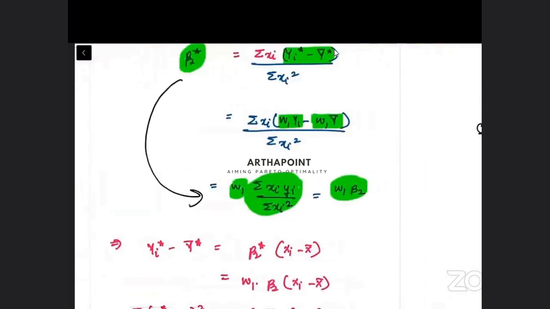This is important. Similarly, in your notes, you will see that I have scaled both y and x by different factors. So I have scaled y by w1 and I have scaled x by w2. And then you have to go ahead and see what happens to beta 2. So it will come out something like this.